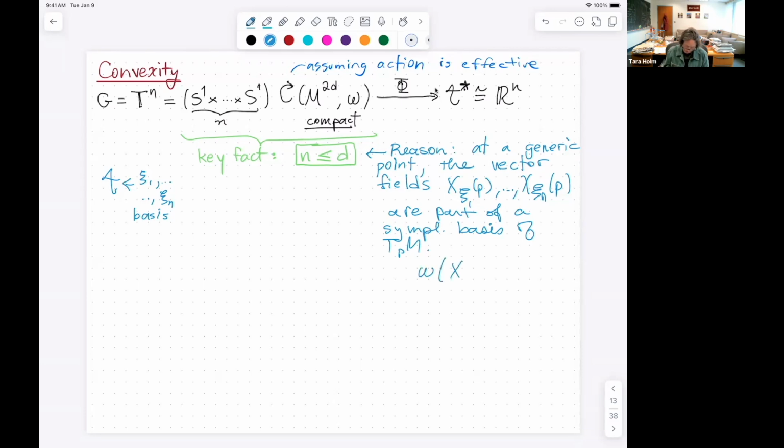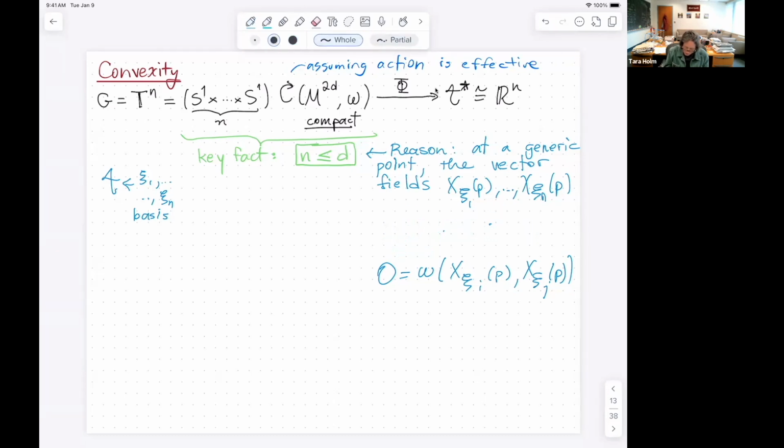So omega of Xci(p), Xcj(p) is 0. They span an isotropic subspace of TpM, and so they can span at most half the dimension of the manifold.